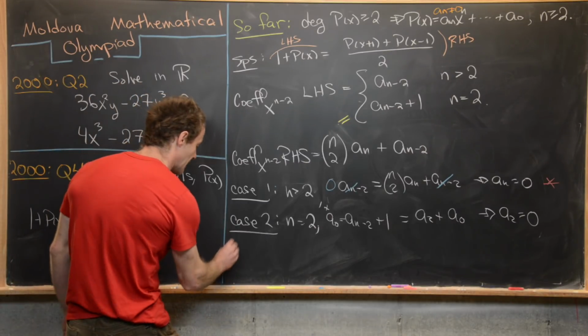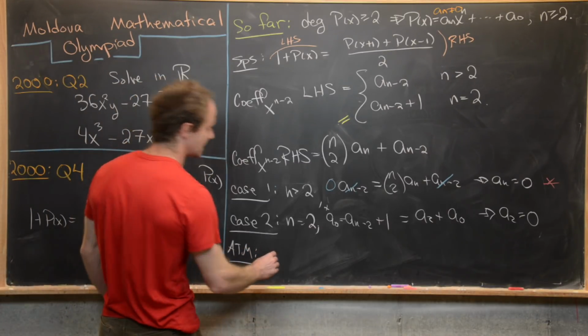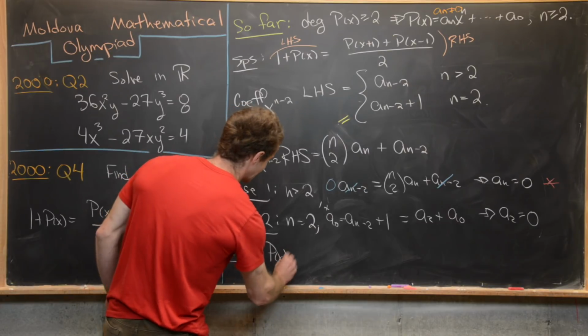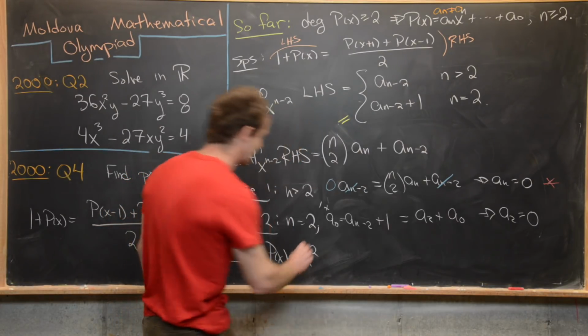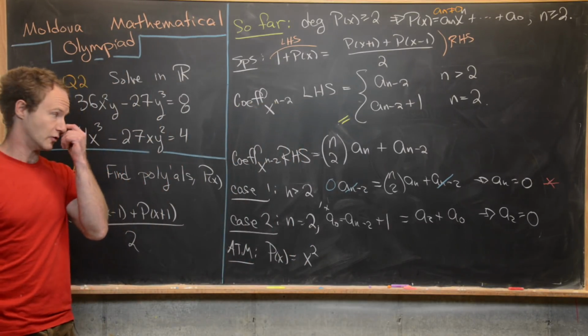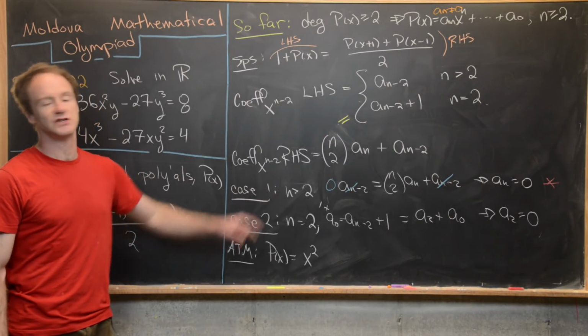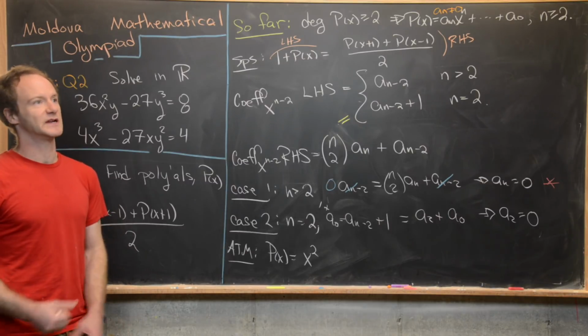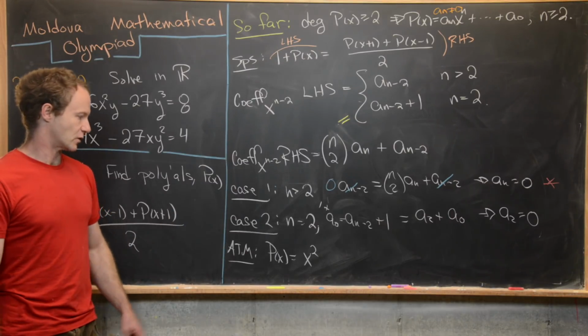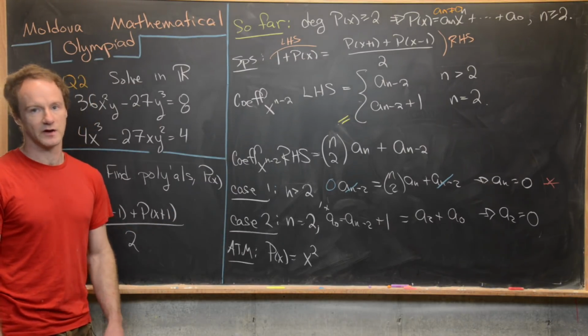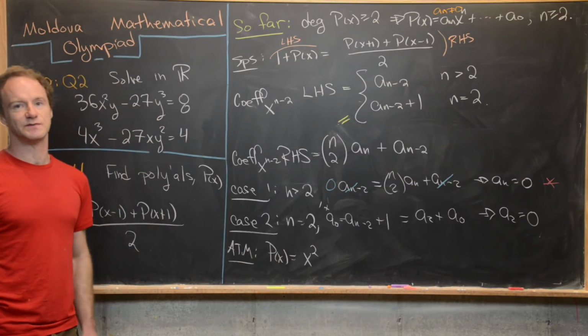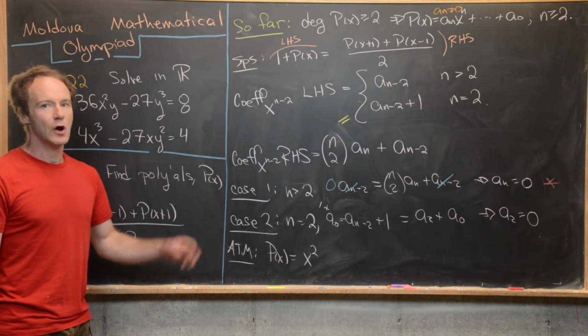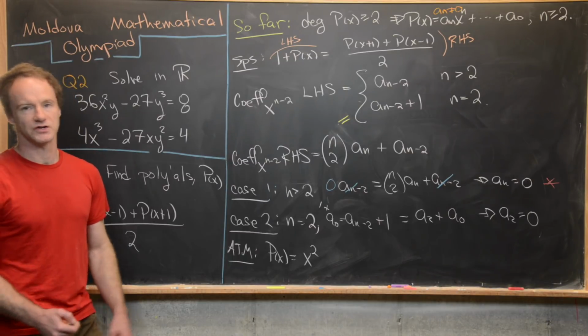So at the moment, what we see is that the polynomial has the following form. It is a degree 2 polynomial, so it can't be larger than degree 2 because that gave us a contradiction. Can't be smaller than degree 2 because of what we did on the first board, so it has to be a degree 2 polynomial. The leading coefficient has to be 1, but we have no information about the rest of the coefficients.